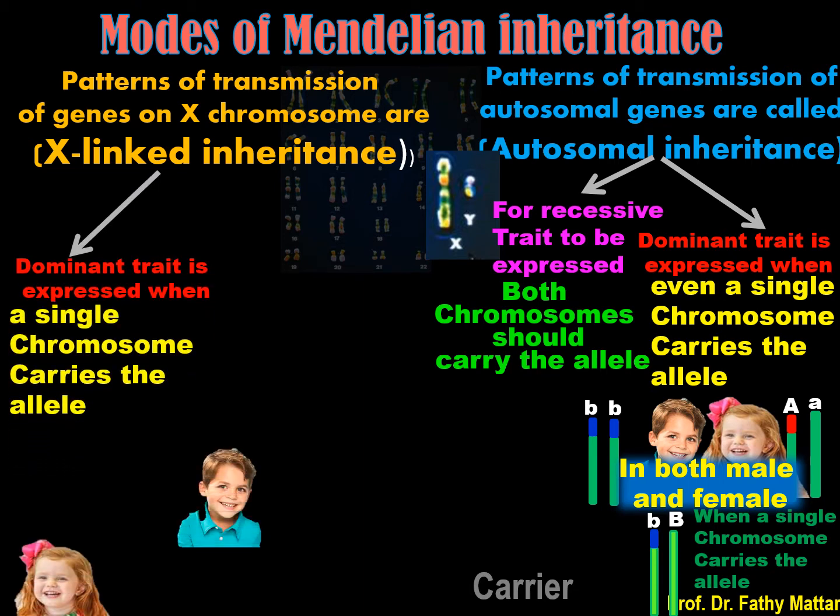A dominant trait is expressed when a single chromosome carries the allele in a female; although she has two chromosomes, when just one of the X chromosomes carries the dominant allele, she will show the dominant characteristics. In male, because we have just one X chromosome, when it carries the allele, this allele will be expressed.